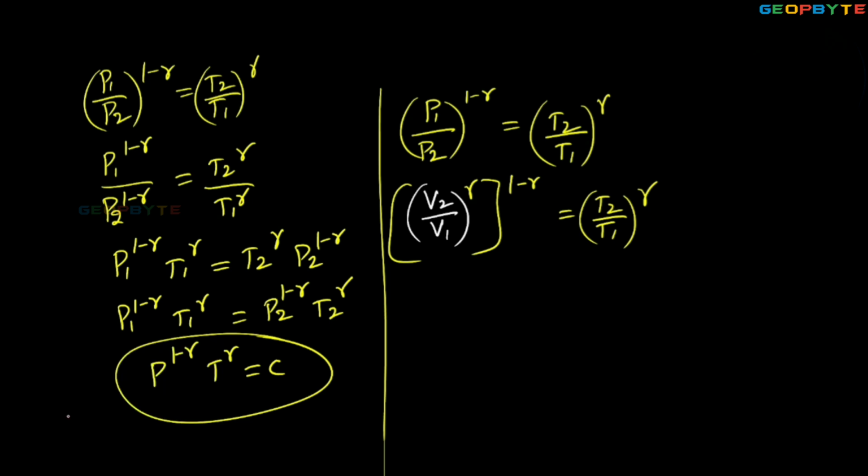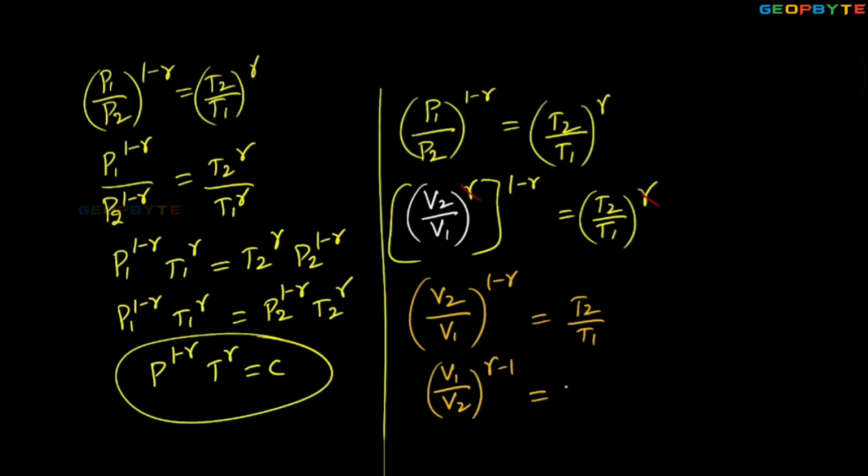So this gamma is cancelled. Finally, what we got here is V2 by V1 power 1 minus gamma equal to T2 by T1. Otherwise, I can also write V1 by V2 power gamma minus 1 is equal to T2 by T1.